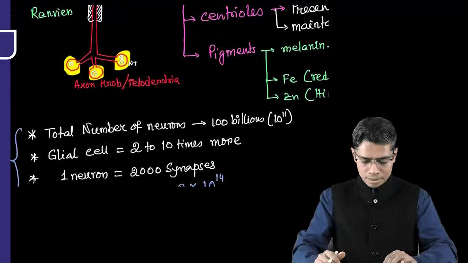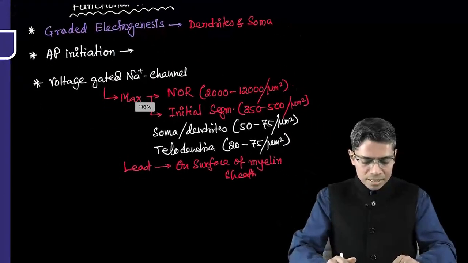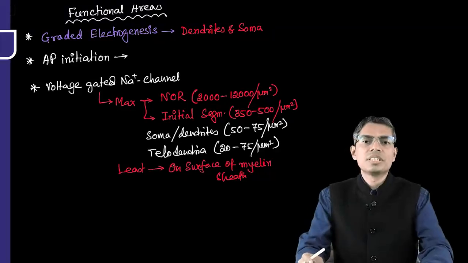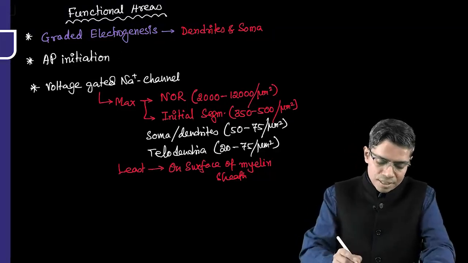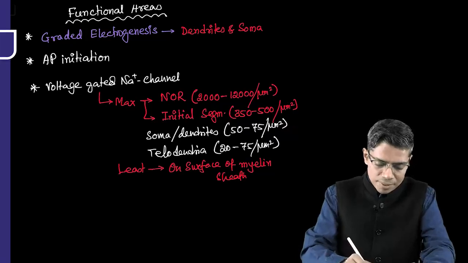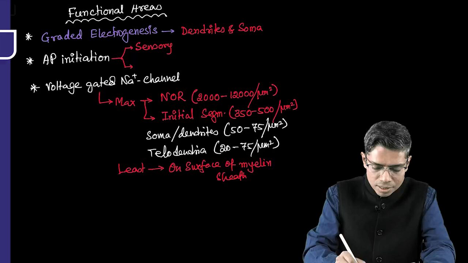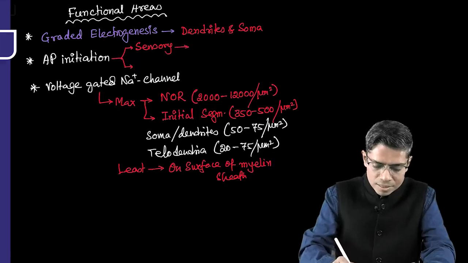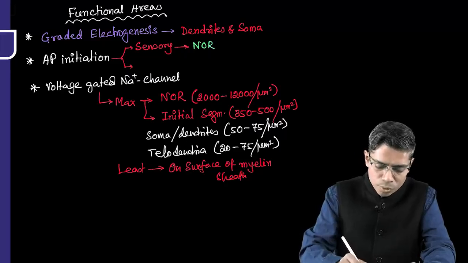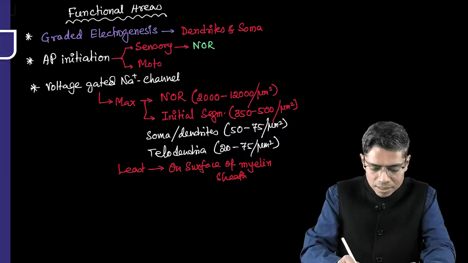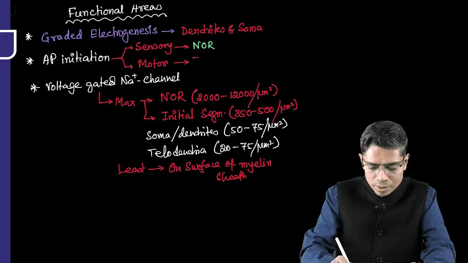Very, very important. Now, if we look at the question of in which region of the neuron action potential initiation will occur, remember the answer should be node of Ranvier, but there is a little problem here. If the question is action potential initiation in the case of a sensory neuron, then your definite answer is node of Ranvier. But if the question is about a motor neuron or any other type of interneuron, then your answer will be initial segment.